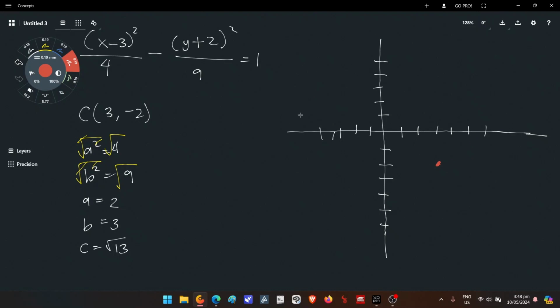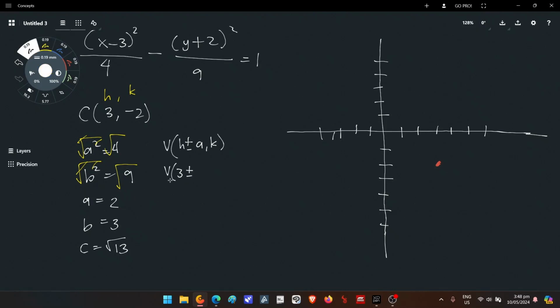And now we're going to find the vertex. Vertex is at (h plus or minus a, k). So our h value is 3, because remember this is h and this is k.